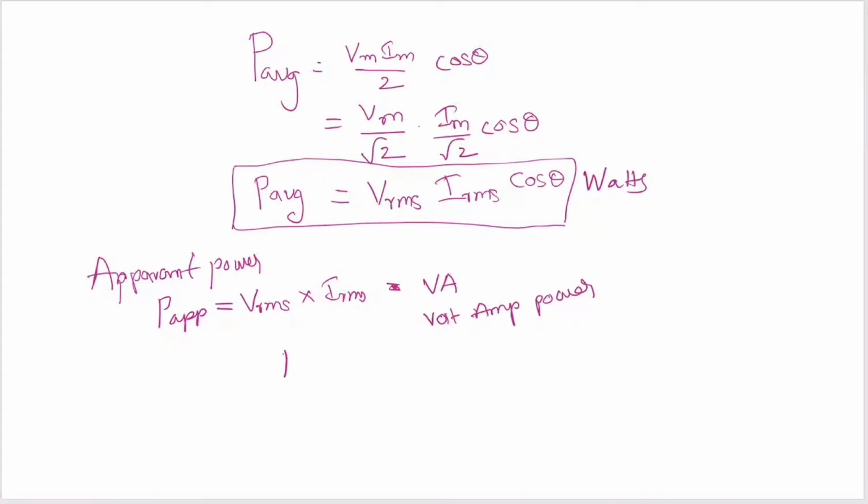Now P average is equal to P apparent into cos theta. So from this, what is cos theta? Please tell me. Cos theta is equal to P average divided by P apparent.